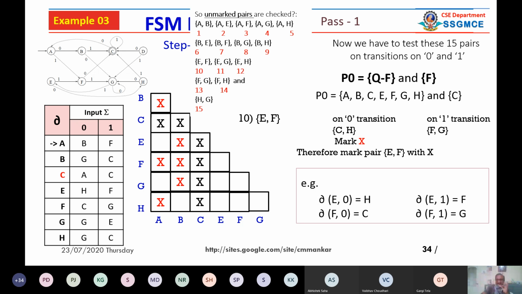On transition 1 it is going to FG. So due to this we are marking EF as a cross like this. Again 11 pair is there, that is a EG.